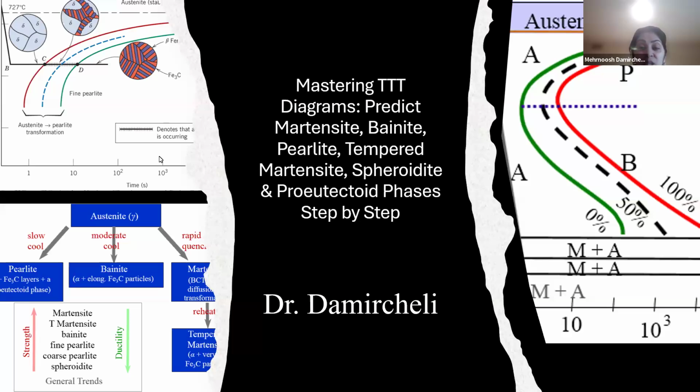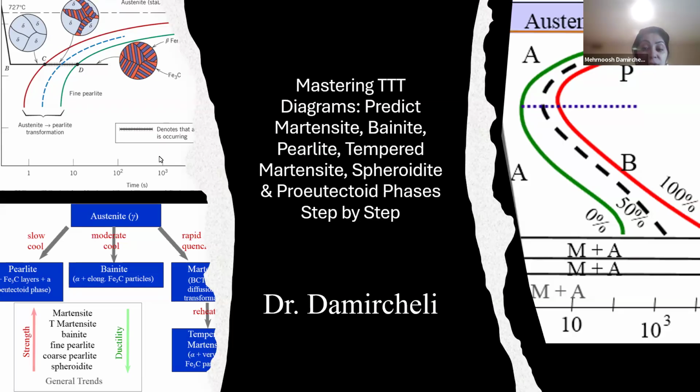Okay, in this video, we do three main things. First, we explain the TTT diagram, why it is important for us, and how carbon content, as you know, C%, that is different between 0.022 or 0% to 6.7%, affects phase transformation.